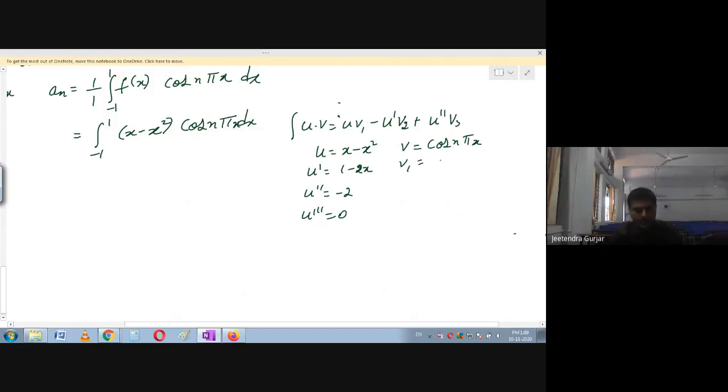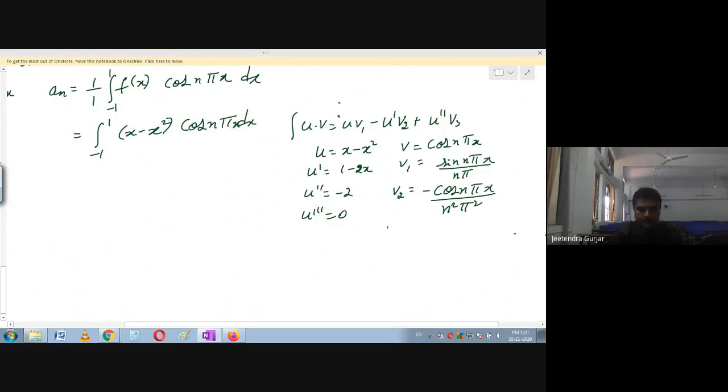Yes, it is sine n pi x upon n pi, since n pi is a constant term. So please remember here n pi is a constant. So v2, again integrate this, cos n pi x will become minus cos n pi x, n pi is already there, multiply again n pi, so this will be n square pi square.